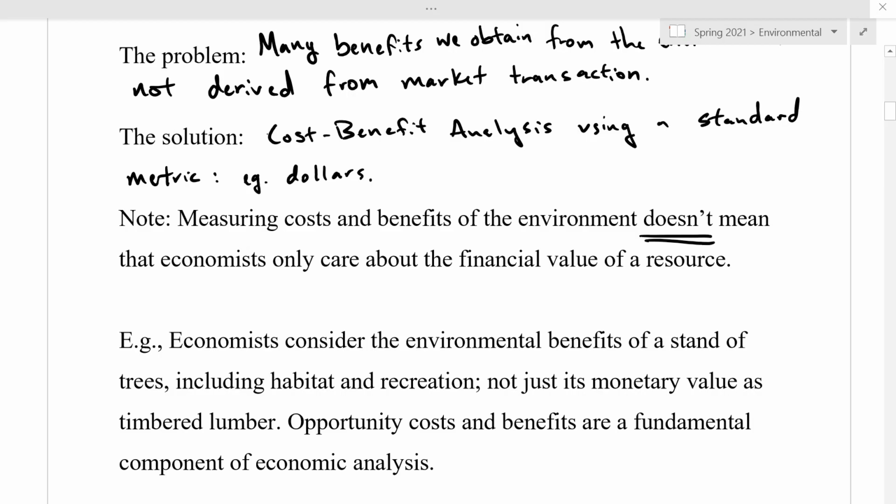In economists' eyes, the value is not only the value of the timber if we cut the forest down and use it for lumber. The value includes all of these other ecosystem services: habitat, carbon sequestration, all of these things. These are included in an analysis that is well and properly done. Economists include these things in the value of that forest.